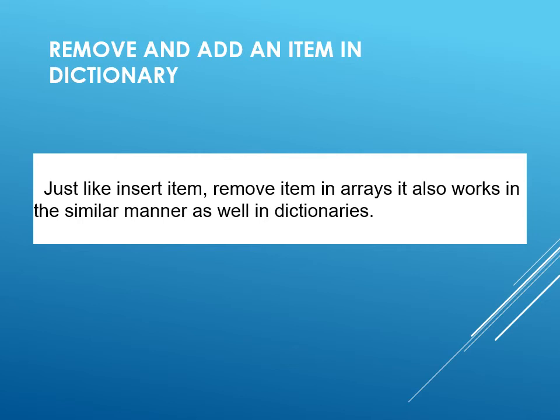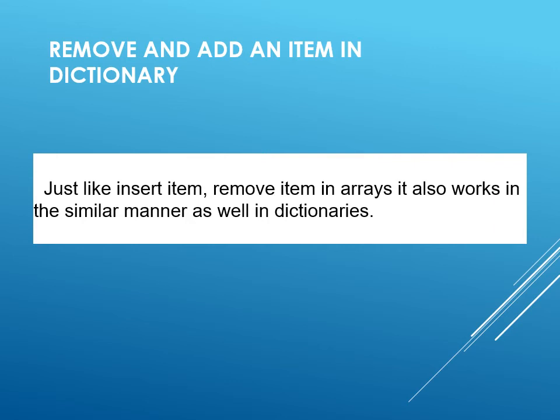So simply write your dictionary name and write your key in the square brackets, and then write the assignment operator, and in double quotes, you write the value you want to insert or the value you want to delete. So this will do the same task as it did in arrays.